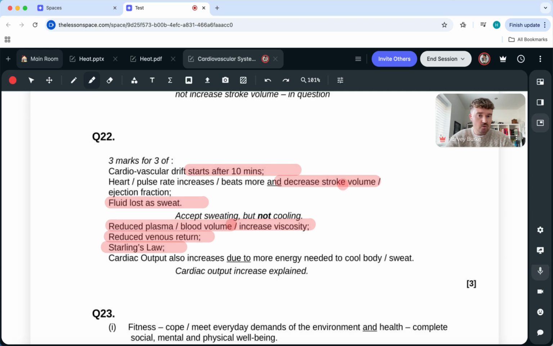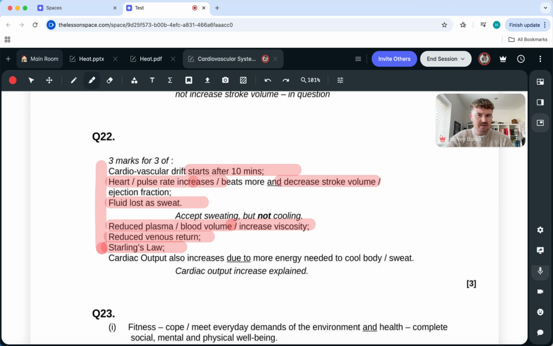And then as a result of that decrease in stroke volume, in order to maintain your cardiac output, your heart rate increases. And then they've actually put here cardiac output increases. I would argue that doesn't happen. I just ignore that mark point, but you can see there, using our explanation, you'd definitely be able to get full marks for that AQA cardiovascular drift question as well.